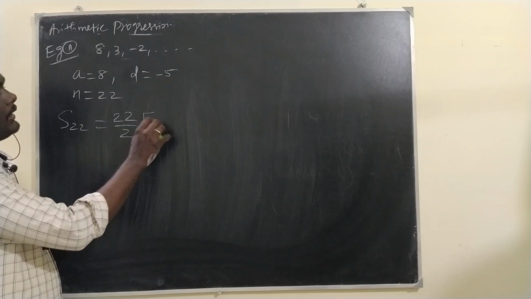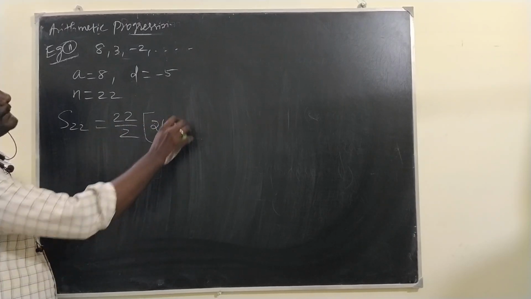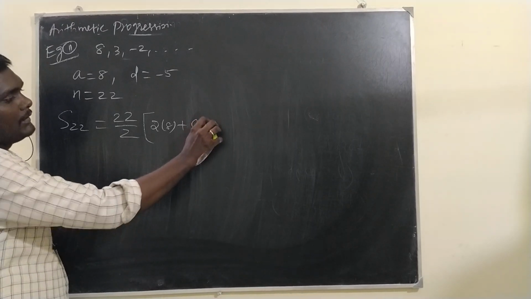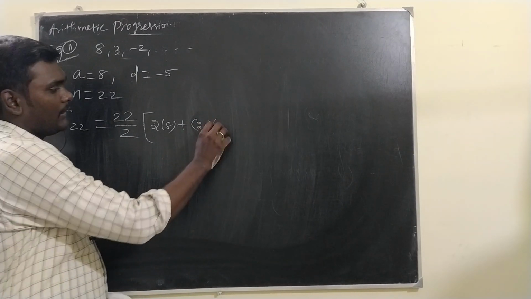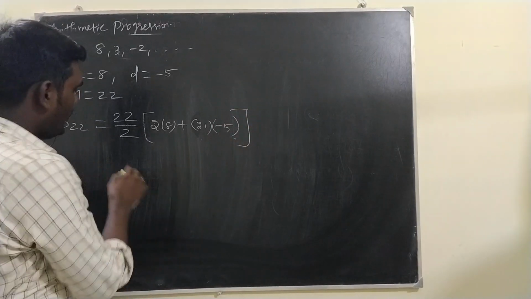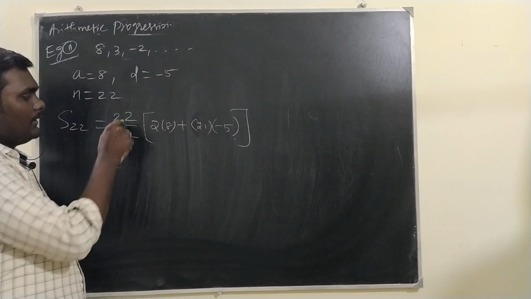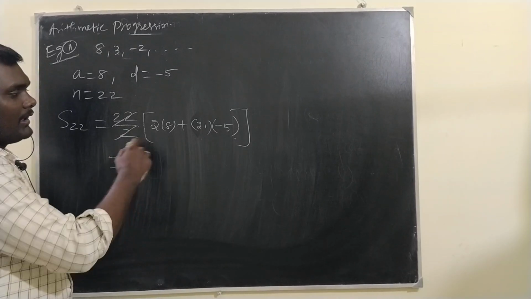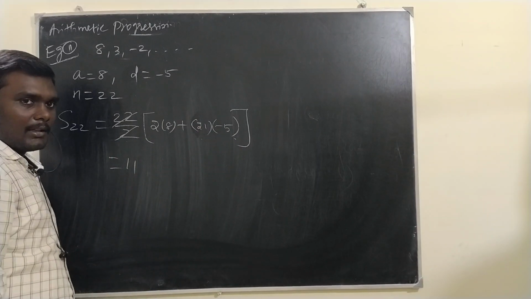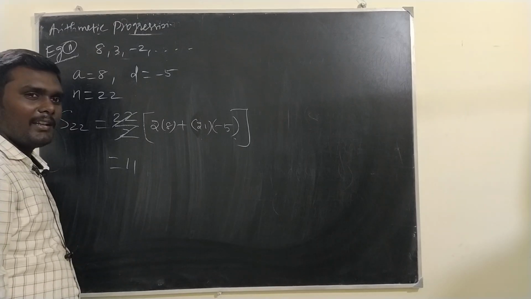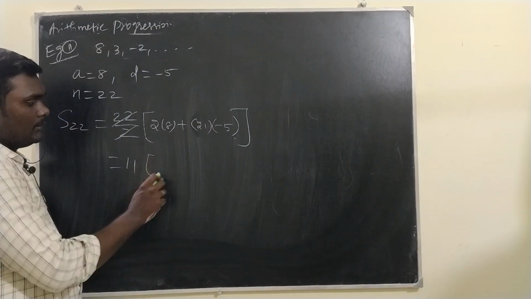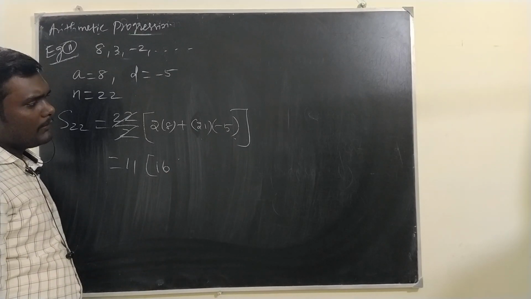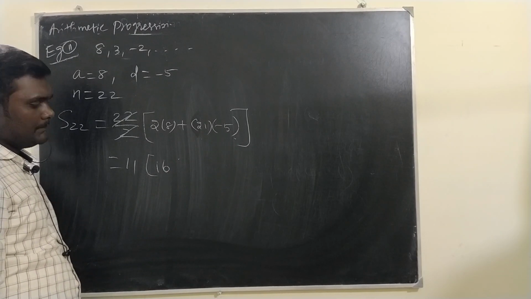See, then we have to write 2 times a is 8 plus n minus 1. n minus 1 means it is 21 into d, common difference, minus 5. Okay. Sometimes this cannot be cancelled with 2. Here we got. In that time we can cancel this with the other things. It won't come like decimal in maximum number of times. So 2 8s are 16 plus 21 into minus 5, 21 5s are 105, right?